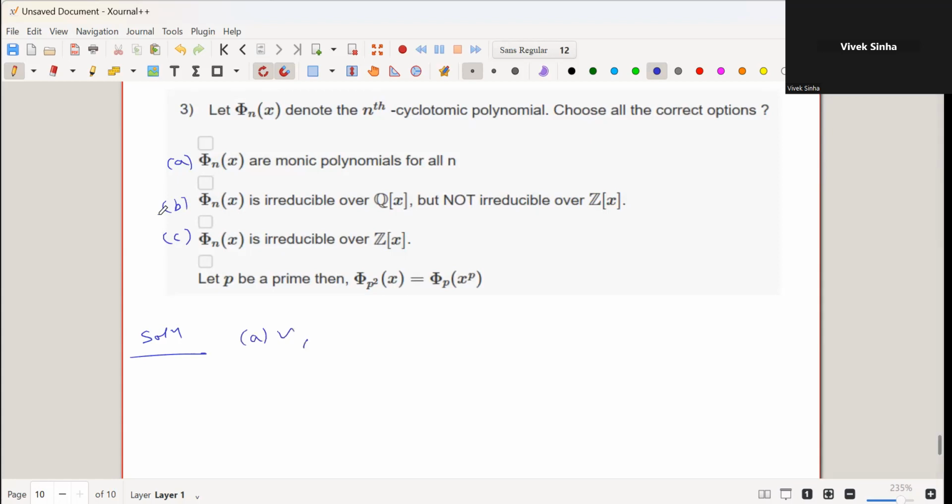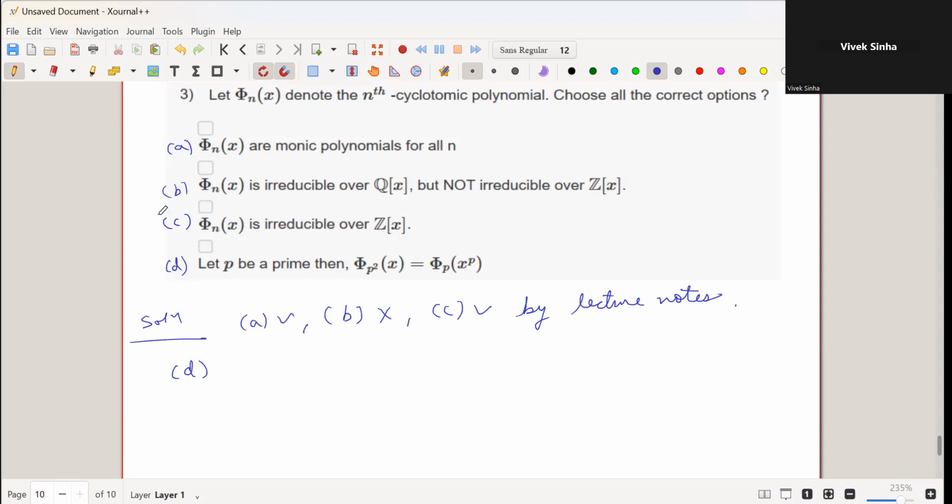A is correct, B is not correct, C is correct by lecture notes. Simply, there we have seen that all phi n of x are monic polynomials, and all phi n of x are irreducible over Q[x], and it is in fact irreducible over Z[x]. So now the fourth one, D part, we have to see.